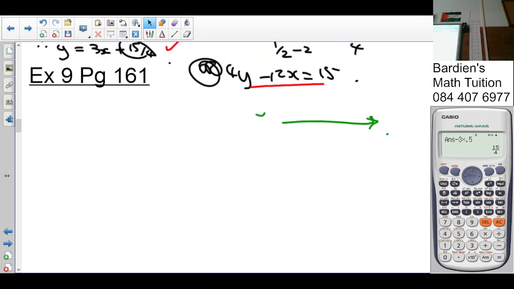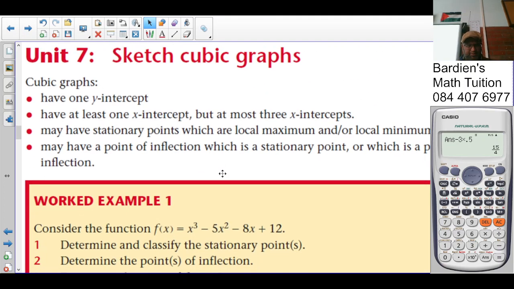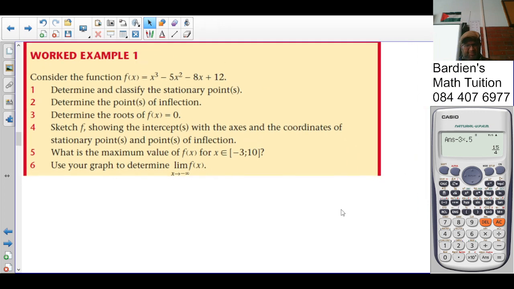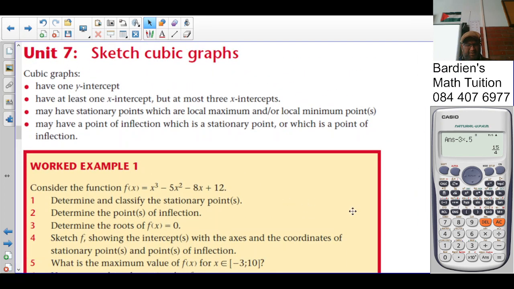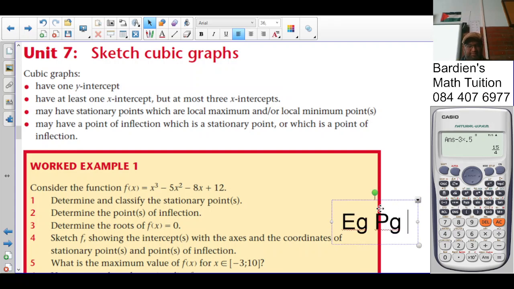So now we're going to look at sketching cubic graphs, and I indicated yesterday that there's between 10 to 15 marks allocated for this section of work, okay? So it's very important to know what you're doing here. This is the example on page 167.